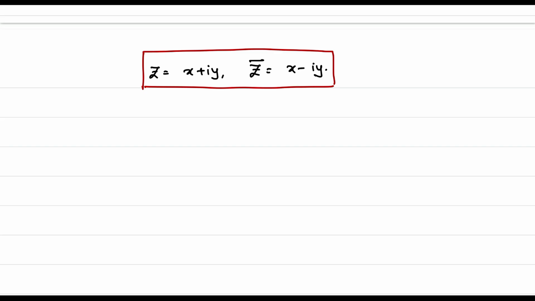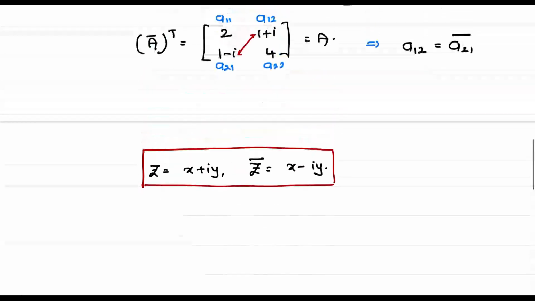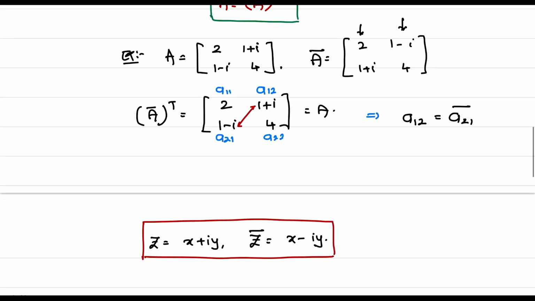For conjugate, the sign between addition or subtraction becomes opposite. Plus becomes minus and minus becomes plus. That is a simple way of understanding the conjugate. Now, A12 is 1 plus i. A21 is 1 minus i.